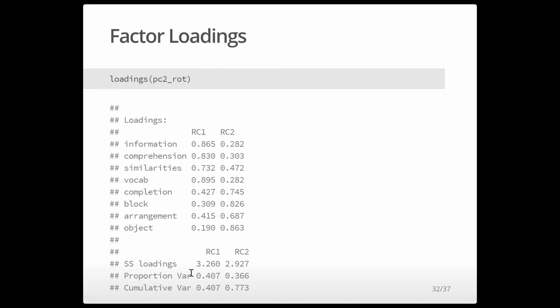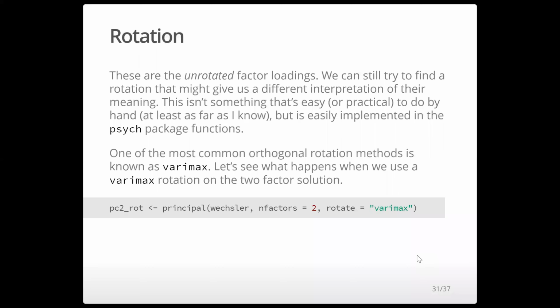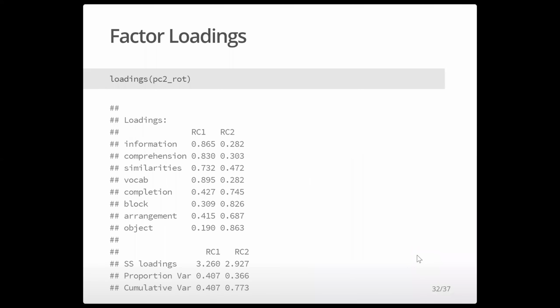Notice also that the first factor on its own is now responsible for a smaller proportion of the total variability, and the second a larger proportion, but the cumulative variability between them is still the same as it was in the unrotated version. So this 0.773 is the same, but the distribution across the two factors is different. That's what the rotation is doing. It's taking the total variability and distributing it a little bit differently across the two factors to make them as interpretable as possible.